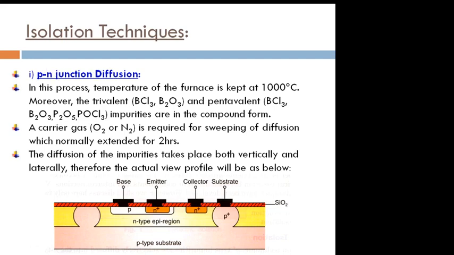The answer may be different hours, but you have to pick the correct one, that is 2 hours. I can ask you what trivalent impurities are used in p-n junction diffusion. So boron chloride or boron oxide is a well known example. Similarly, the pentavalent impurities are phosphorus pentoxide and phosphorus oxychloride and so on.